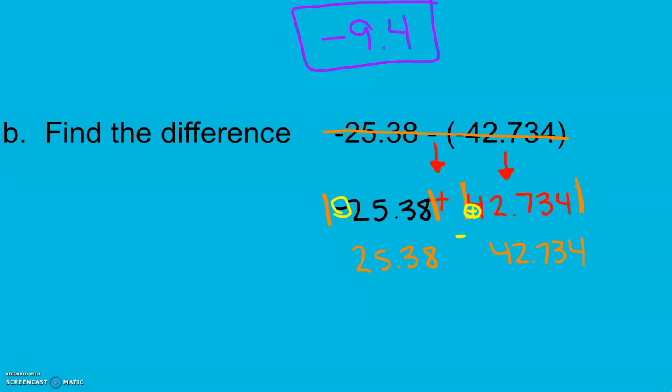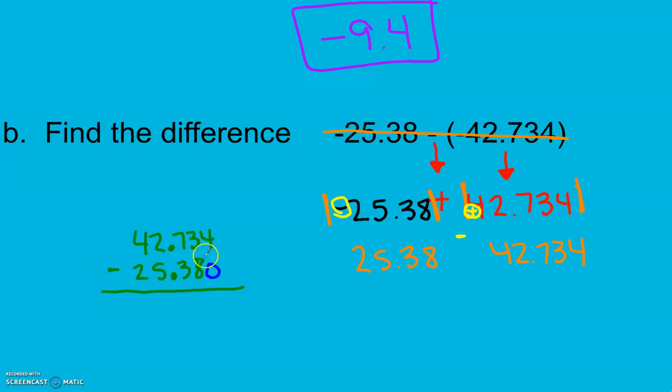I always take my bigger number on top, so 42.734, and then 25.38. And again, remember, it's the decimal points that we want to line up here. And we are subtracting. I plug a 0 in as a placeholder if I need to.